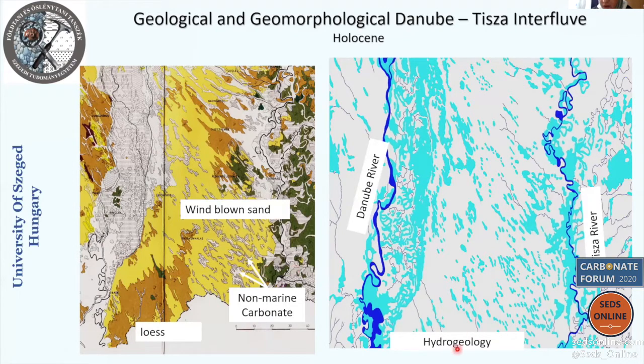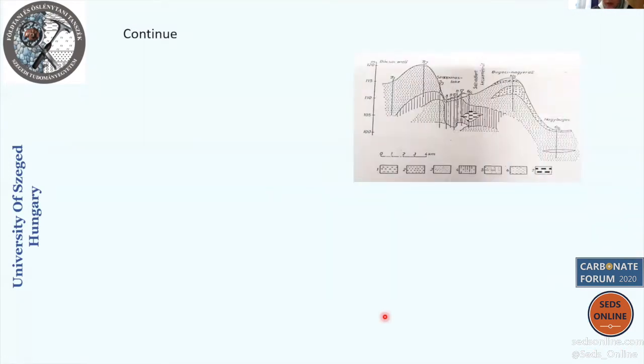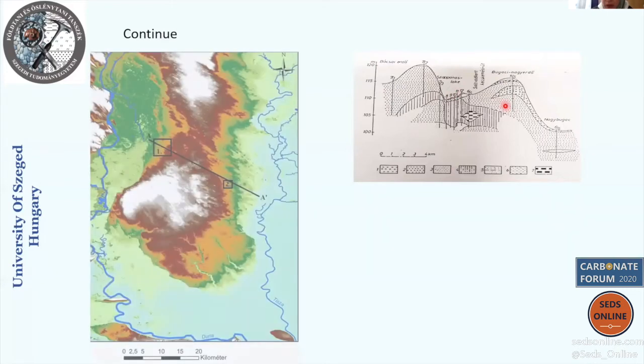As for the hydrogeology of the area, many ponds cover the area, related to the groundwater flows. In the geomorphology we can also see one sandy dune and another sandy dune, and between them, during the groundwater flow, some ponds appear at the top.